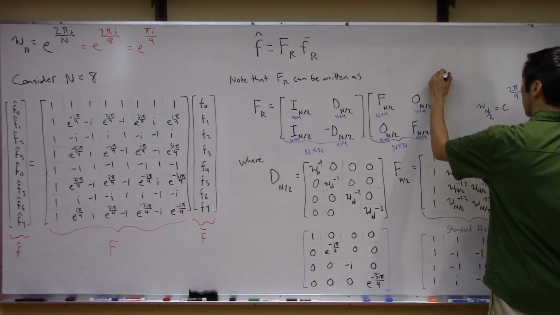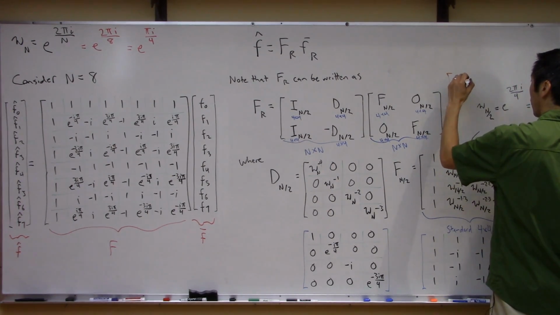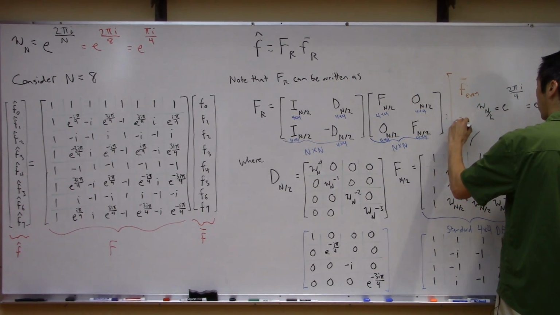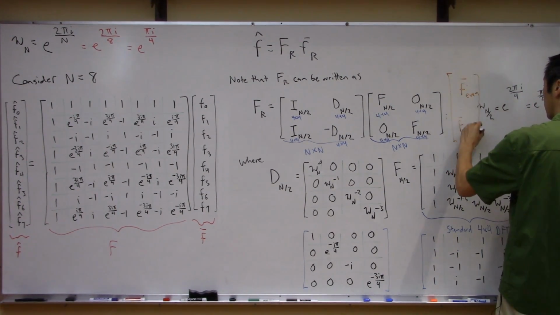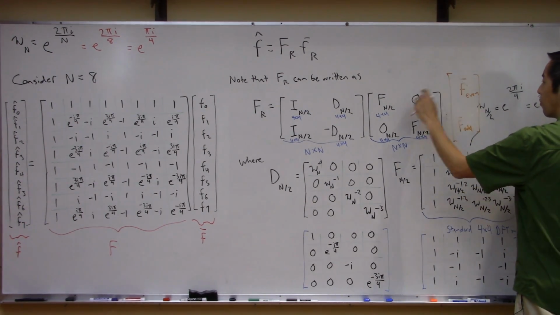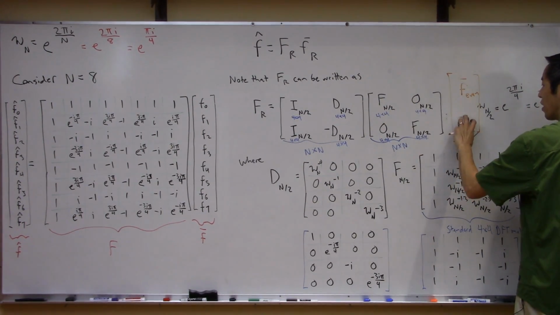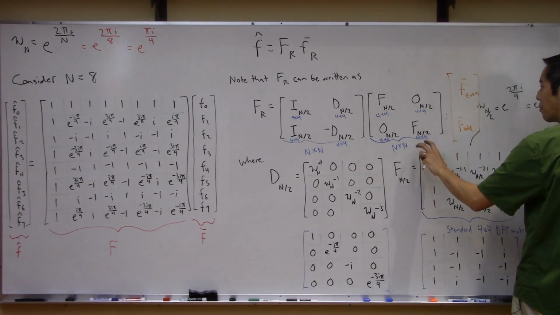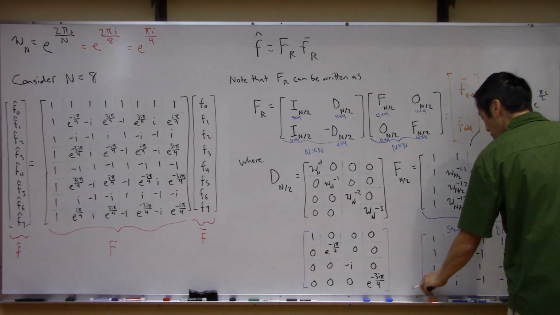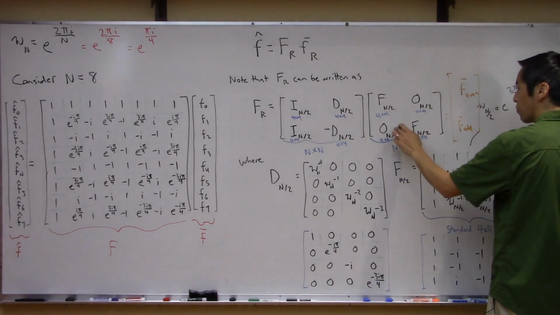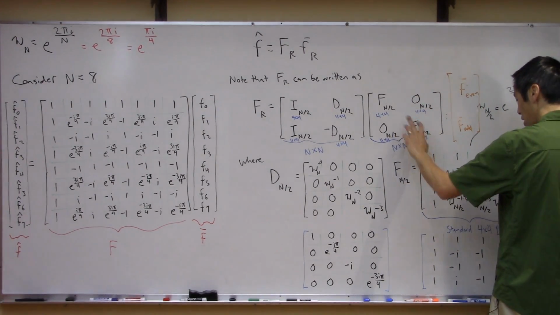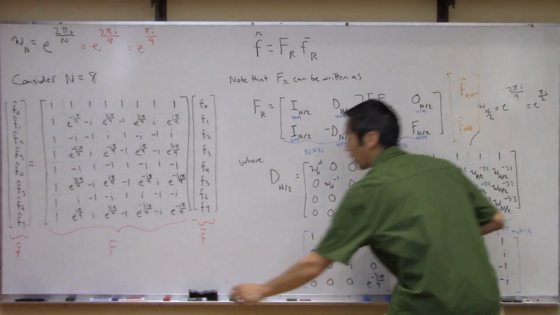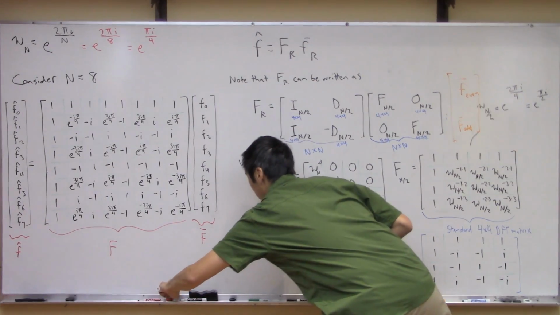There's F_R, which I think we said was F even stacked on top of F odd. This will multiply by this and hit a 0, and similarly in the bottom row. If you look at this long enough, this is not a dense matrix multiplication any longer. What you've got to do is eventually multiply, let me find one more color to keep everything square.